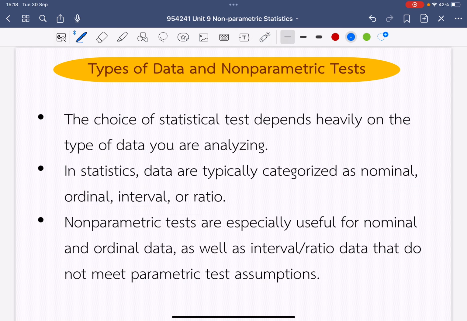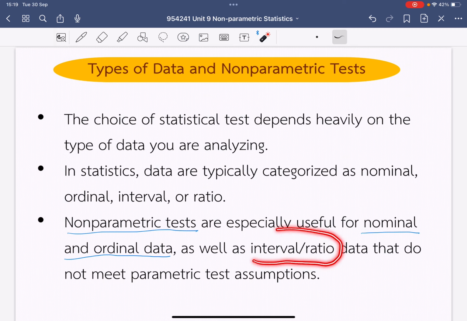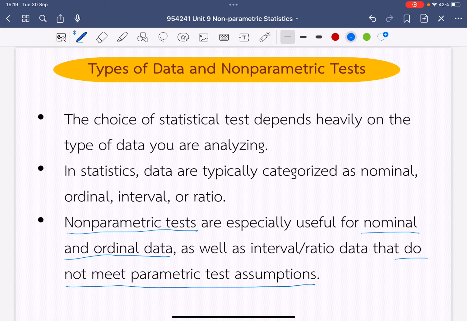So non-parametric tests are useful for nominal and ordinal data. And also useful for interval and ratio, which are numbers, when the data do not meet the parametric test assumptions.